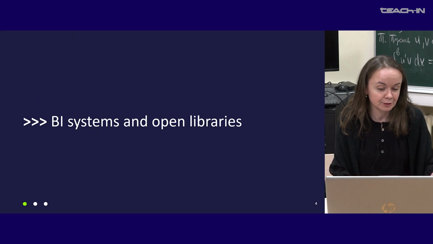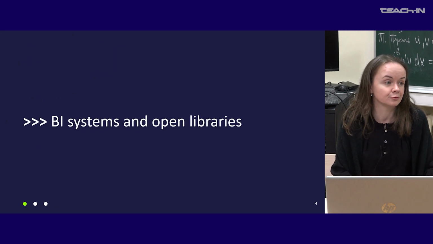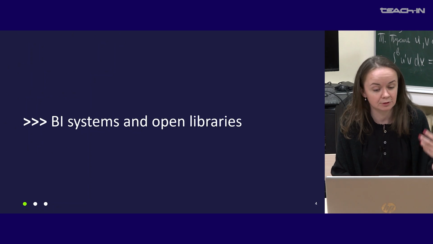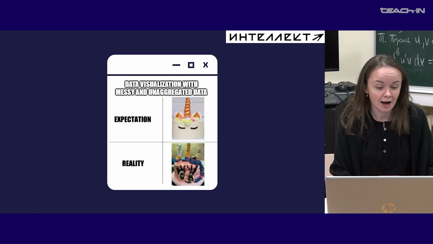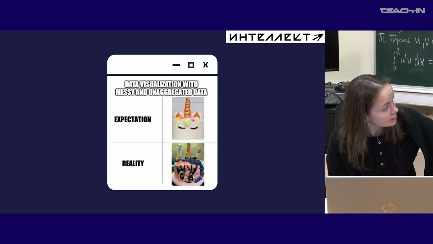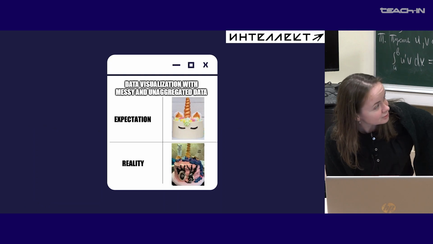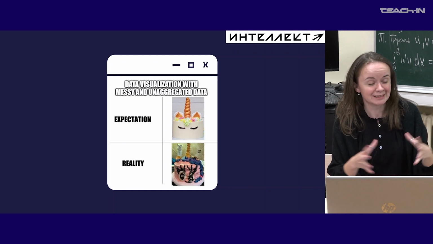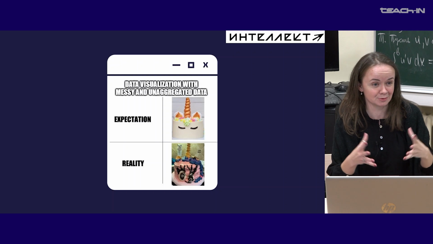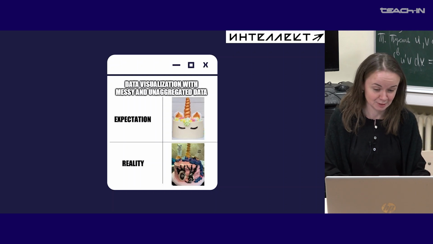Okay, but before we generalize, before we try to figure out the tools and the methods for visualization, our task today is to try to come to something better, because we have some data based on your project here as well.